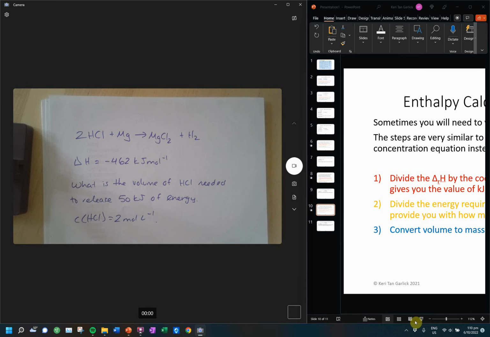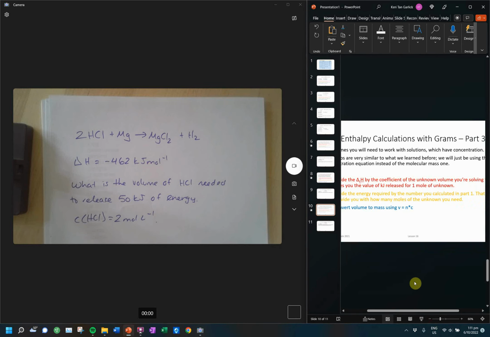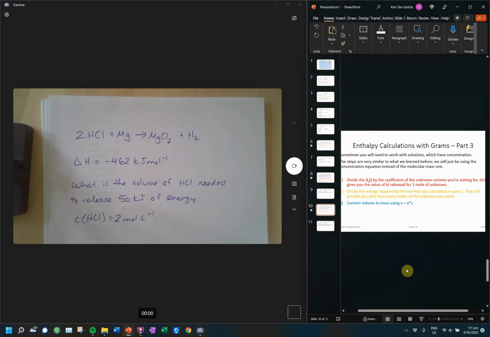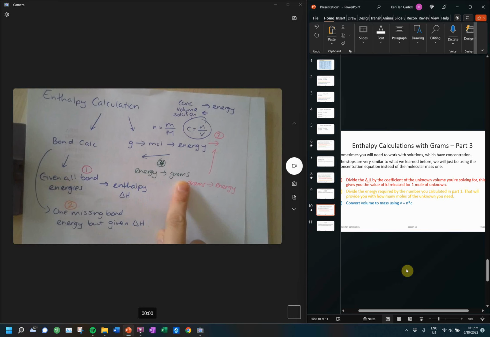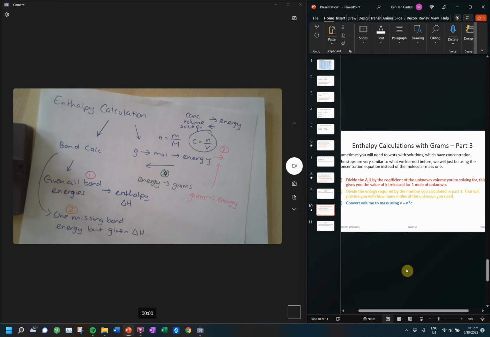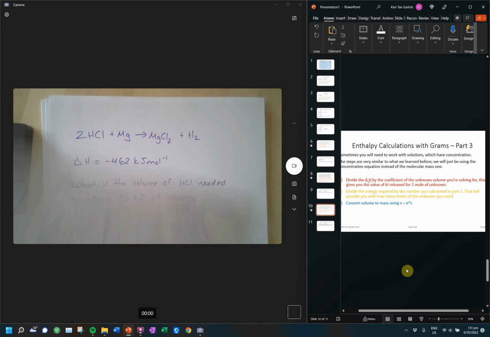Since in this case we are starting with energy and going to volume, we're using the second version that we've talked about. We're using this energy to grams one that we just saw, but instead of going from energy to grams, we're going to do energy to volume.